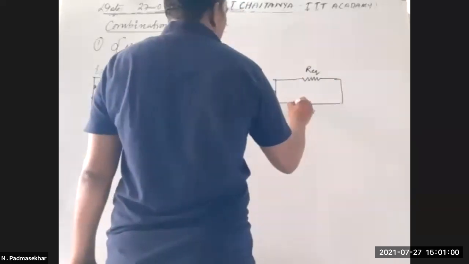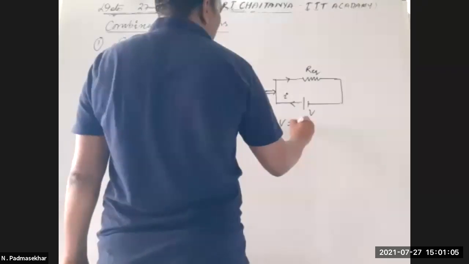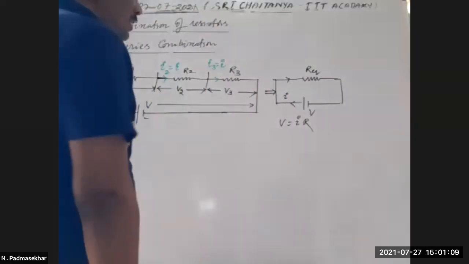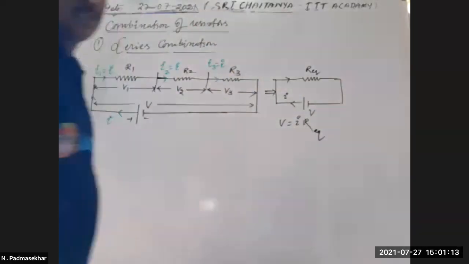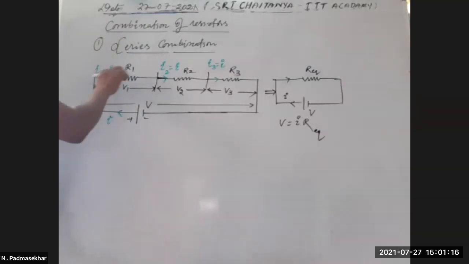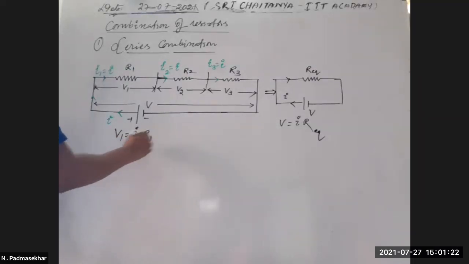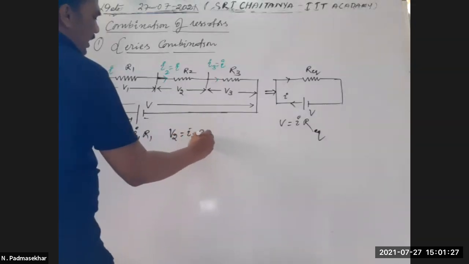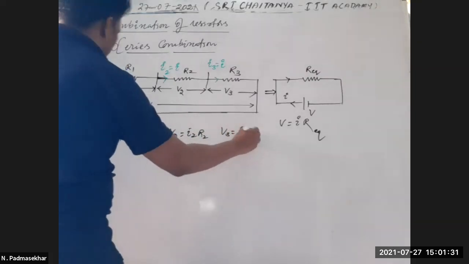This is V and this is I. According to Ohm's law, V is equal to I R equivalent. Here V1 is equal to I1 R1, V2 is equal to I2 R2, V3 is equal to I3 R3.